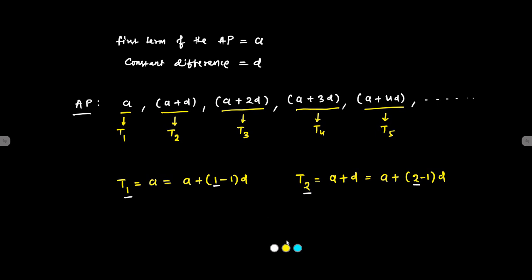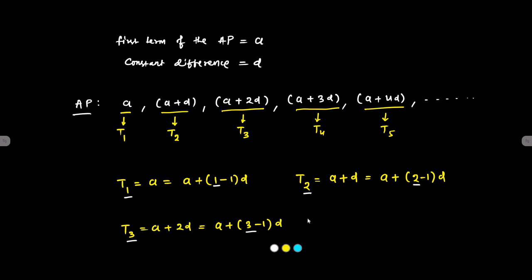Similarly, we can write T3, which is A plus 2D, as A plus 3 minus 1 into D. So here it is 3, here it is 3.